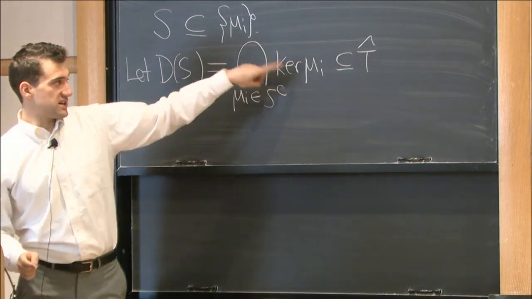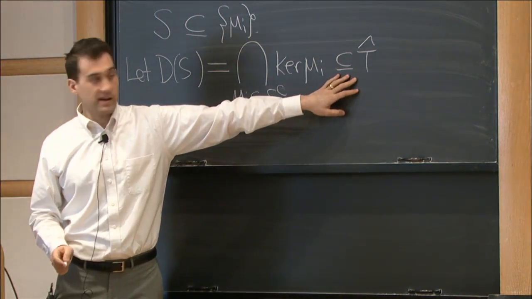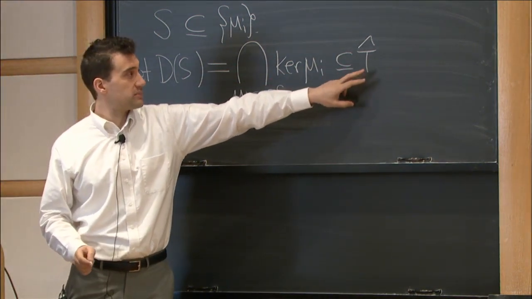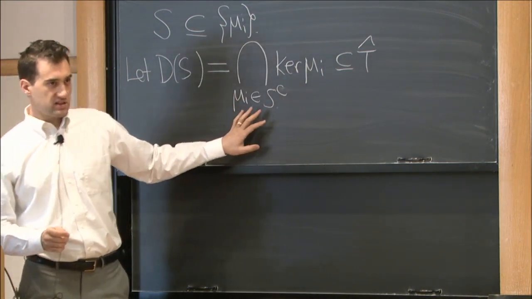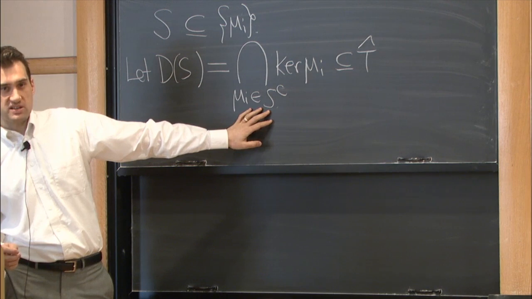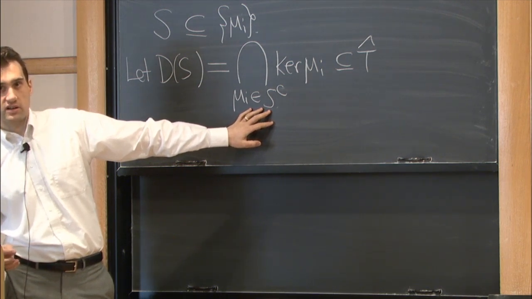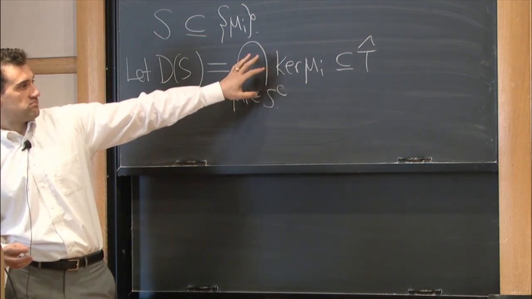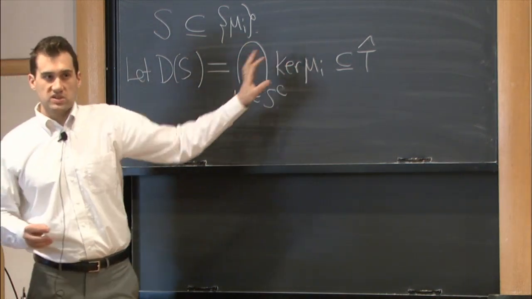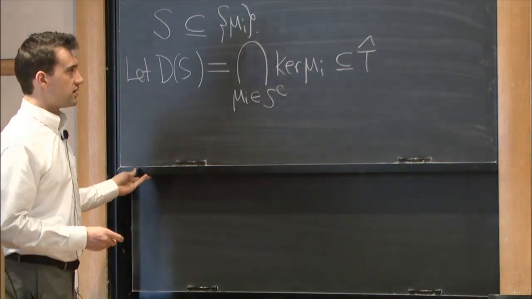And that gives me some diagonalizable subgroup of T hat. So what this looks like is a number of products of copies of C cross and some roots of unity. So it doesn't have to be connected, but each connected component looks like some product of C cross.